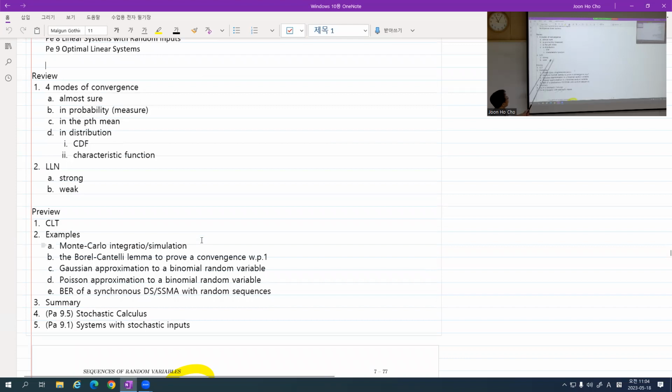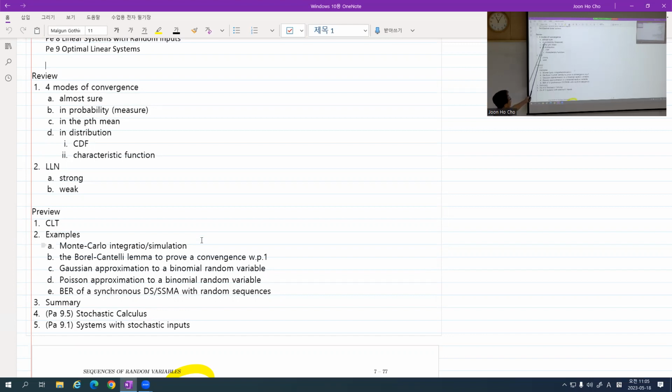We've studied 4 modes of convergence, or 4 different definitions of the convergence of a sequence of random variables. The first one was almost sure convergence, corresponding to the almost everywhere convergence of a sequence of functions.